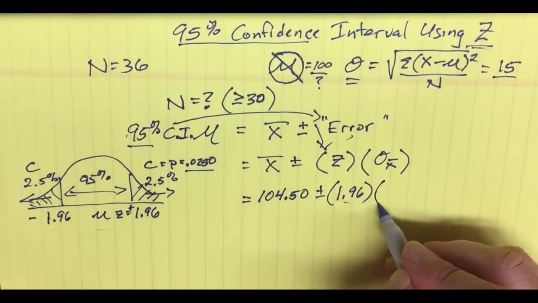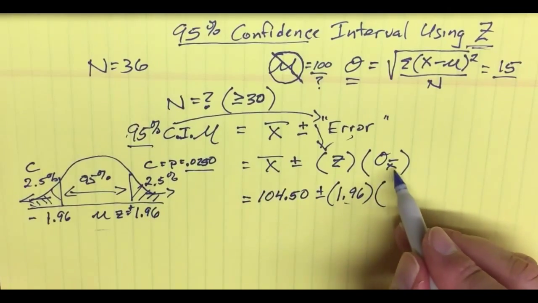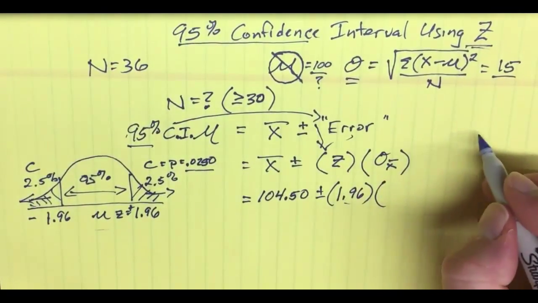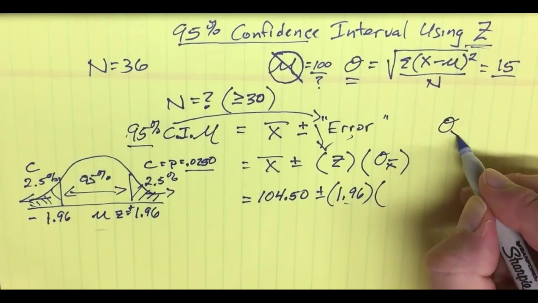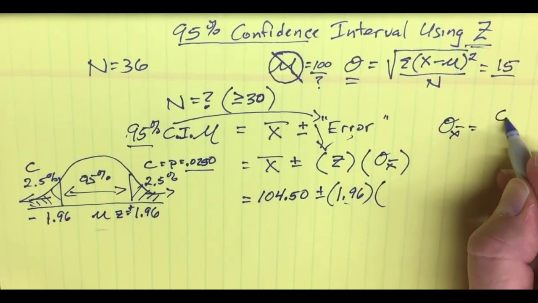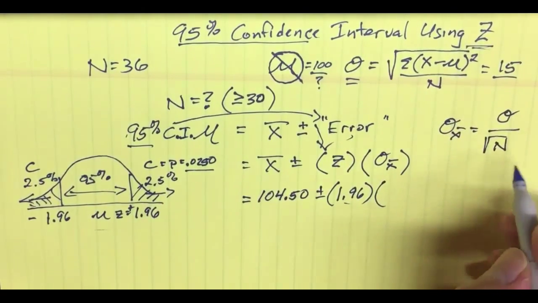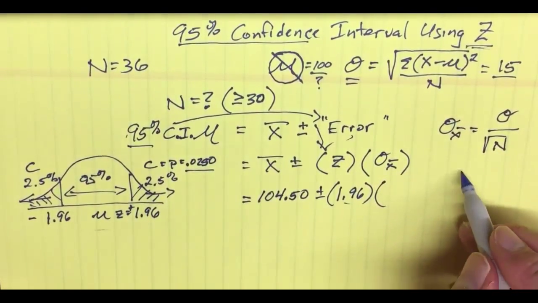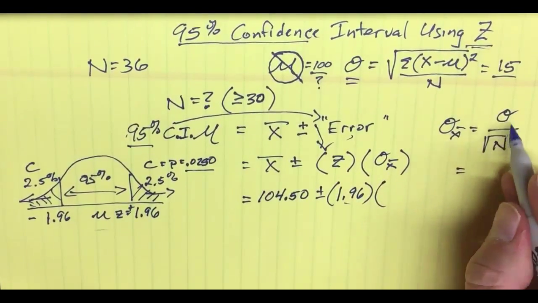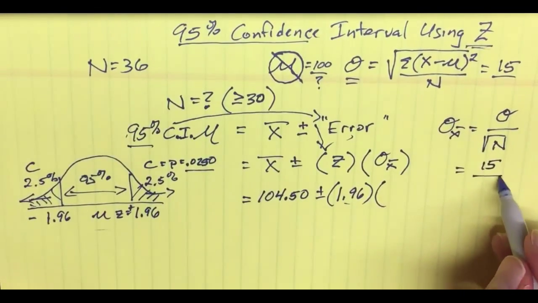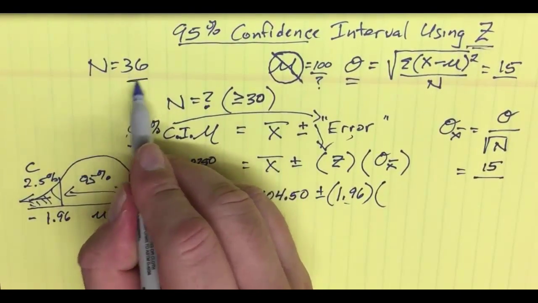So the last item that I need is my standard error. Now, maybe out to the side, I'm going to calculate what my standard error is equal to. So remember, the formula for standard error is equal to the population standard deviation divided by the square root of whatever sample size we're using. Okay, so being an IQ problem, I remember that the population standard deviation is 15, and my sample size is 36.